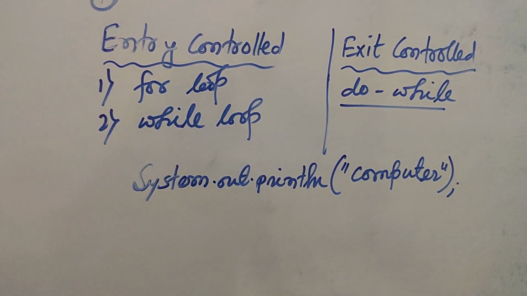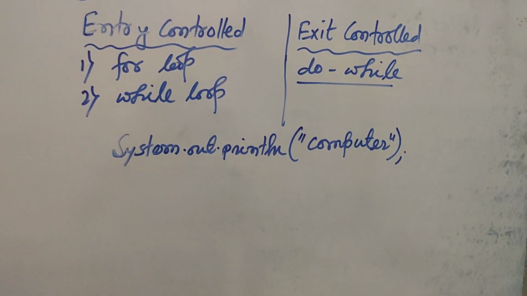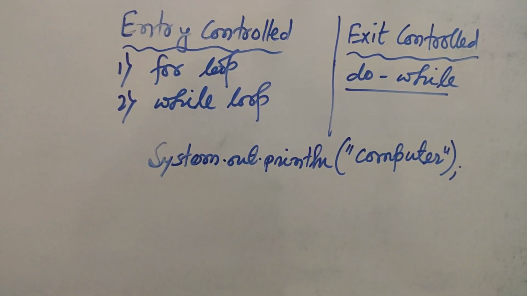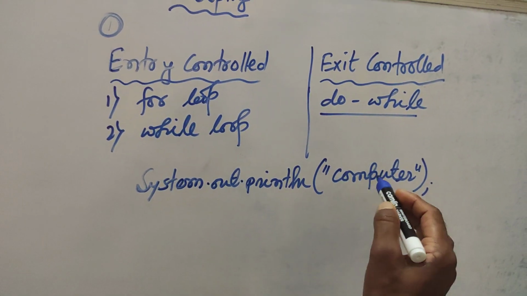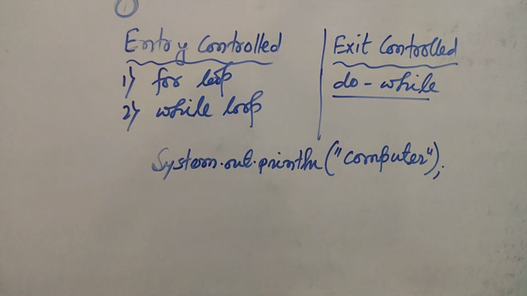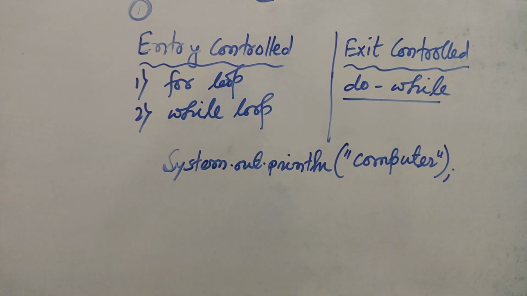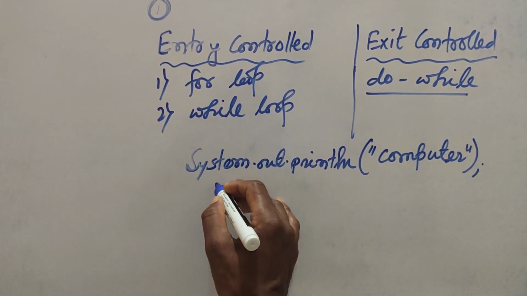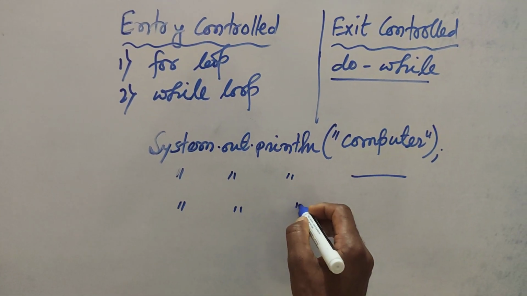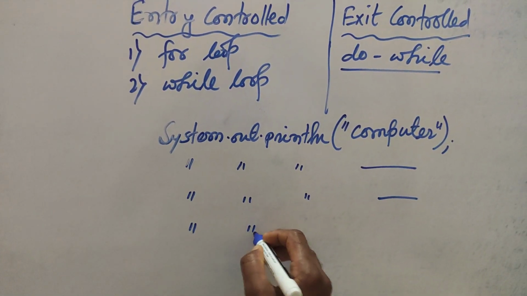Both statements help us to display values on the terminal screen. If I want to display it 10 times, without loop we can do this, but 10 times we need to write the same statement.